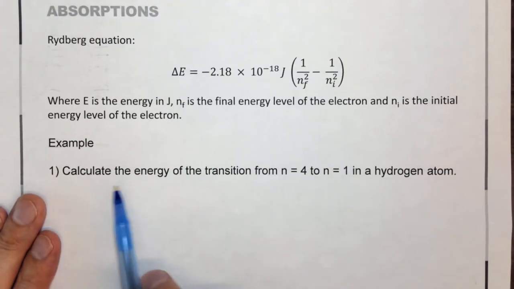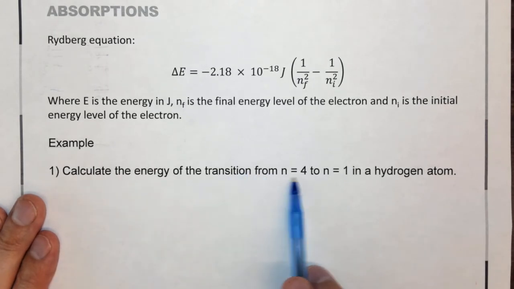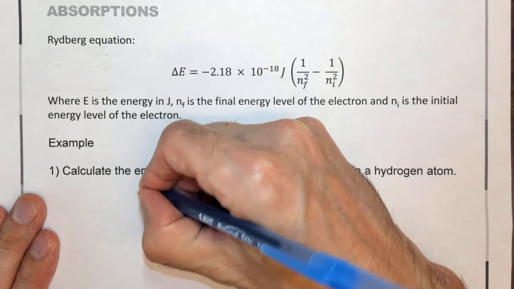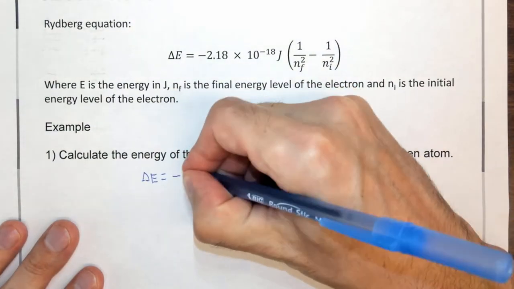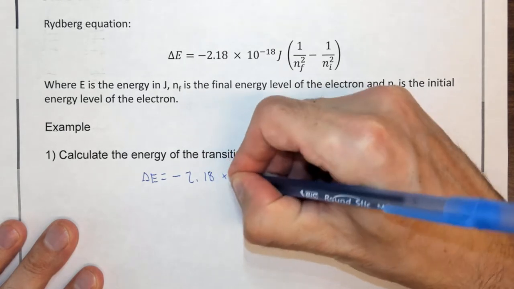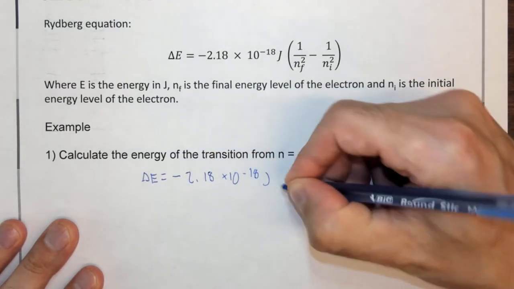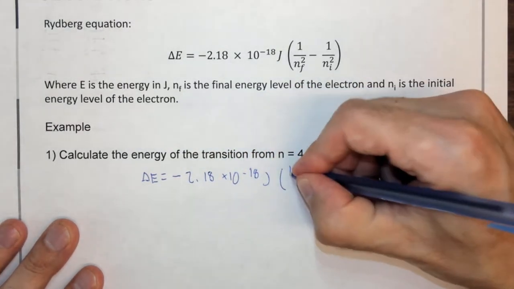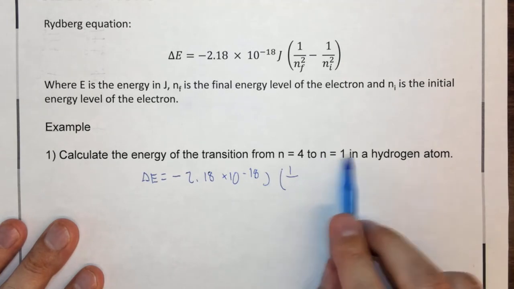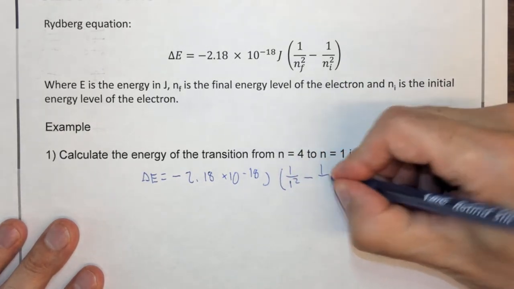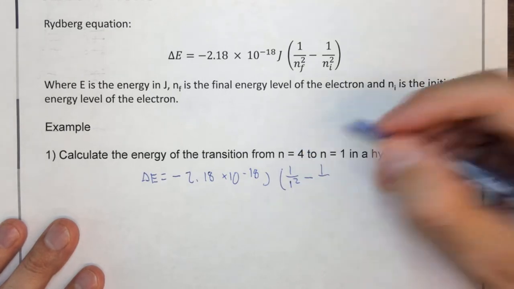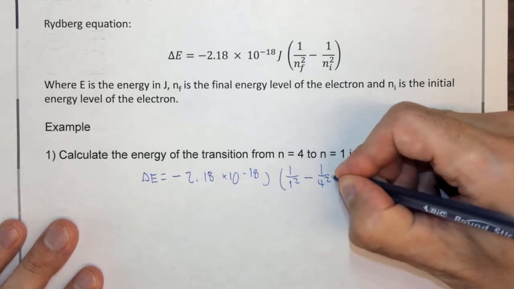It says calculate the energy of the transition from n equals 4 to n equals 1 in a hydrogen atom. So delta E equals negative 2.18 times 10 to the minus 18 joules times 1 over n final, the final energy state, which is 1, squared, minus 1 over n initial, which is going to be 4 squared.